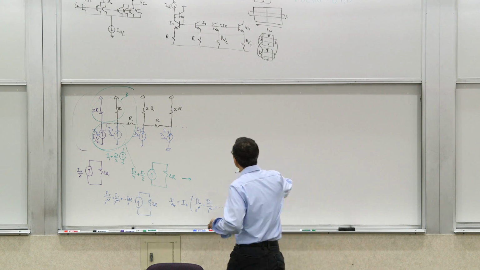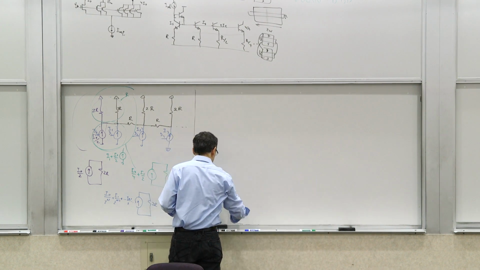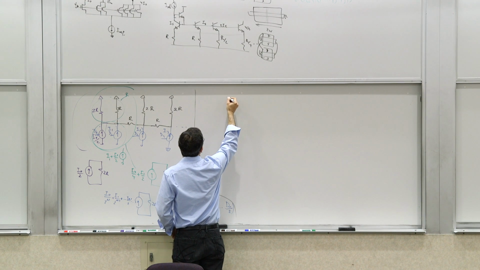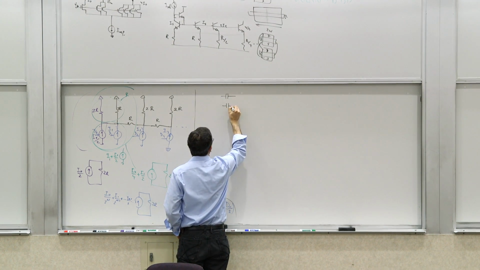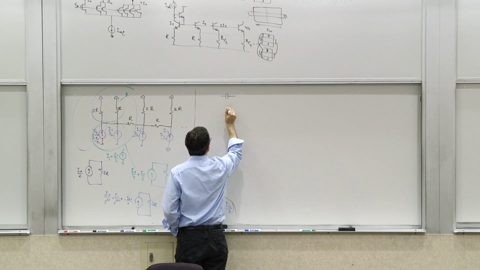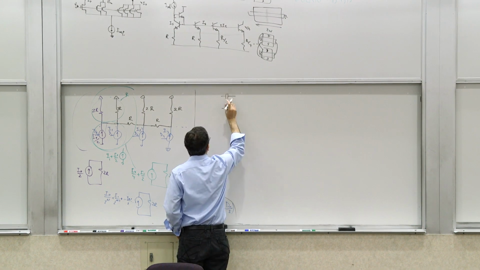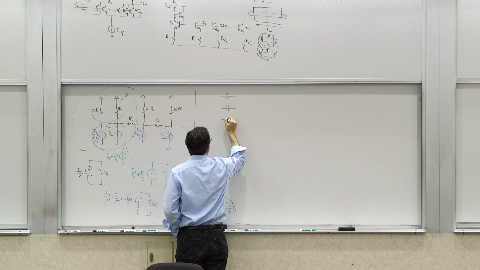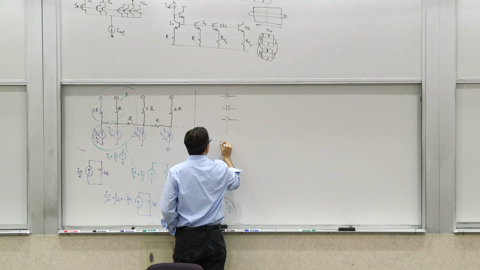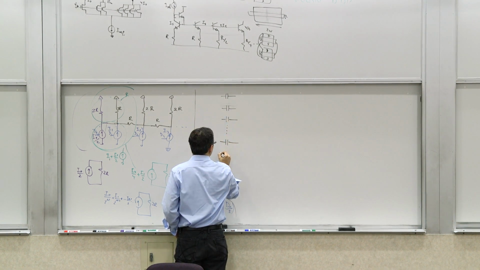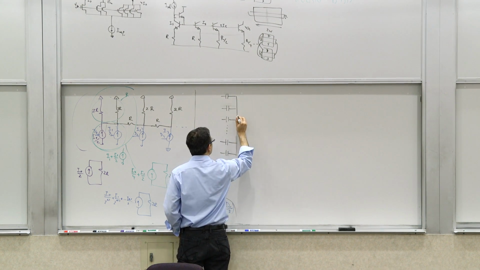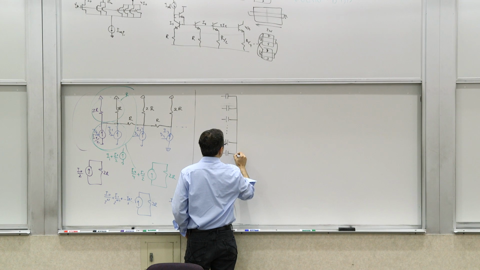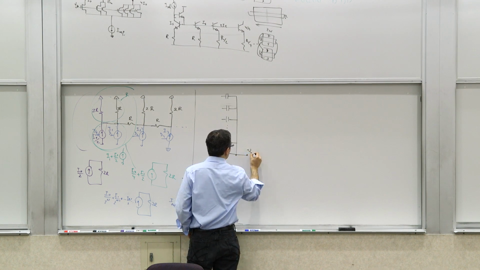So here's one example, just to give you a feel for how these kinds of things work. Imagine you have a network of capacitors, and on one side, let's say they're all connected to each other. This is your Vout.